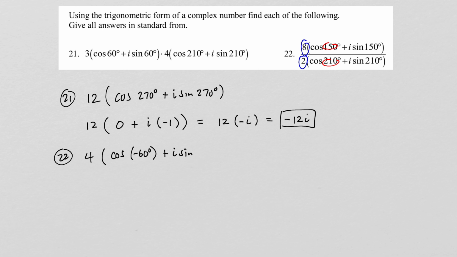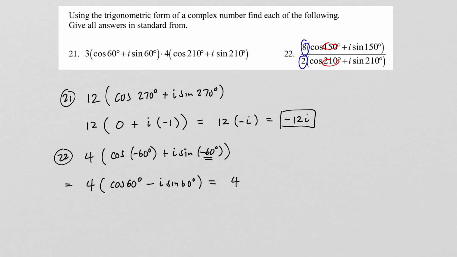And we get the same thing for sine here. Now, there's a few different ways you could do this. I'm going to remind us that the cosine of -60 is the same as the cosine of 60, because cosine is an even function. And sine of -60 is the same as negative sine of 60.